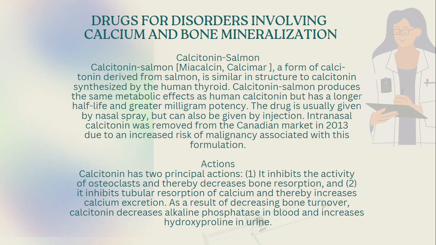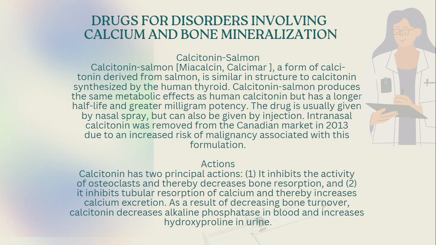Calcitonin salmon. Calcitonin salmon, a form of calcitonin derived from salmon, is similar in structure to calcitonin synthesized by the human thyroid. Calcitonin salmon produces the same metabolic effects as human calcitonin but has a longer half-life and greater milligram potency.